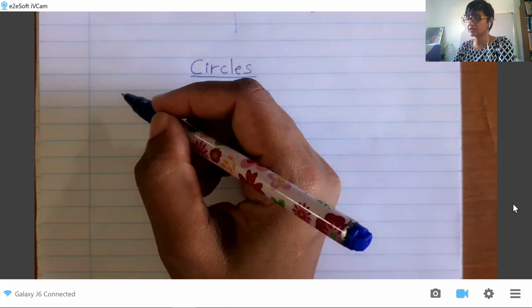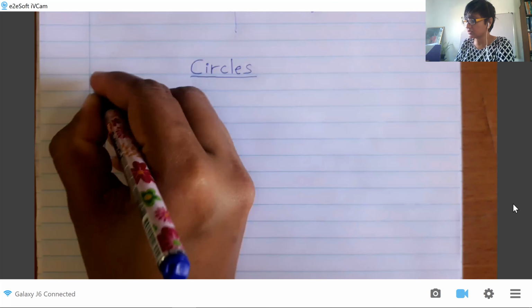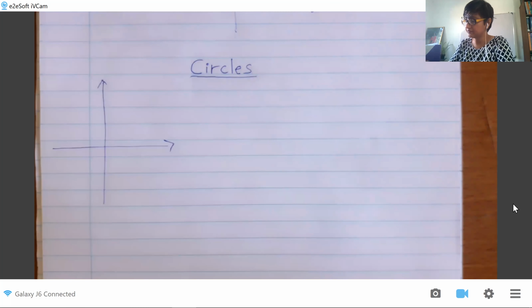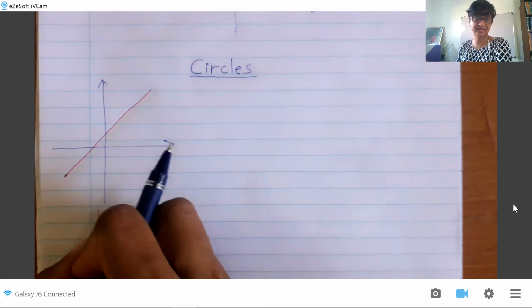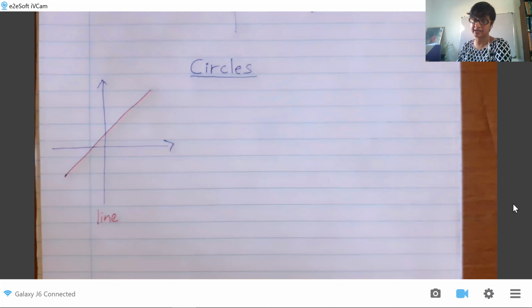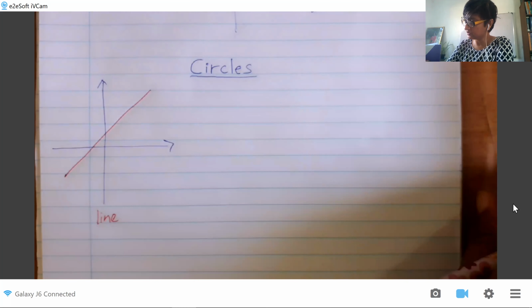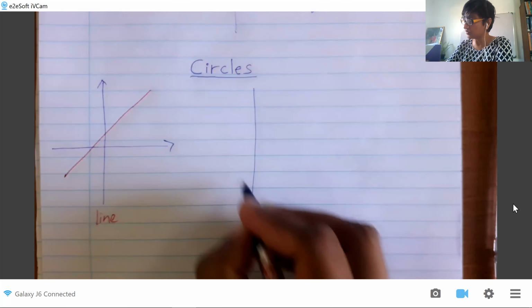When you take a line, it's not just a random line lying in space, but it has an equation when you place it on a grid. This is what we saw, right? So this grid is very important. And when you have a line, so we started with a line. When I say line, I mean a straight line. It has an equation.